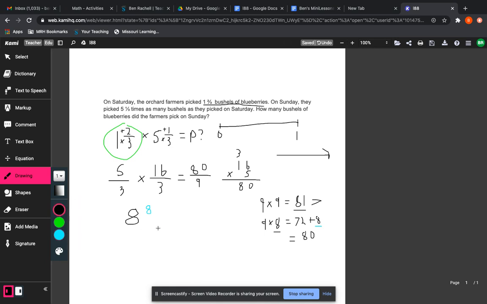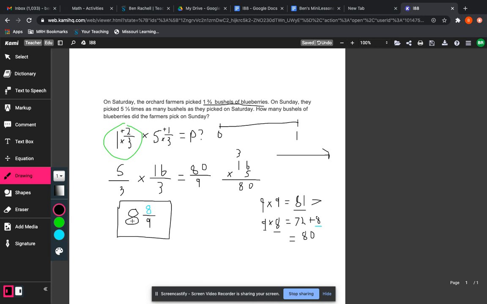And my denominator is going to be my original denominator, which is 9. And that's going to remain the same. So our answer is going to be 8 and 8 ninths bushels of blueberries. That's how many they picked on Sunday, and that's how you solve this problem, guys.